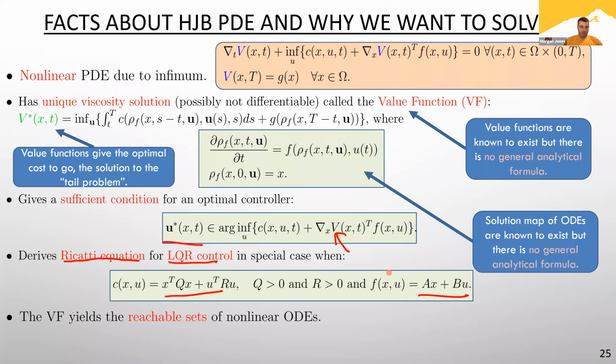Solutions, called value functions, to the HJB PDE can also yield reachable sets of nonlinear ODEs, which we'll discuss further in the talk. And since this is a very challenging PDE to solve, it's usually solved through discretization. But in this talk, we'll present a new method that doesn't involve discretization.